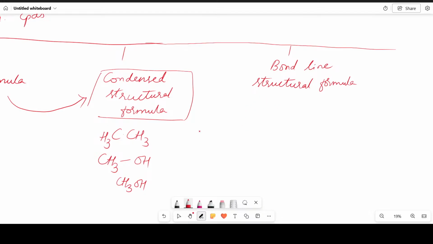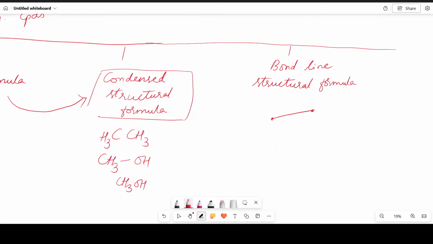We need not show the carbon atoms and hydrogen atoms. Only if double bonds are there, we will represent them. If heteroatoms are there, we will represent them. Say for example, CH3CH3 is just two dots connected like this. Each dot represents a carbon atom and each terminal end represents CH3.